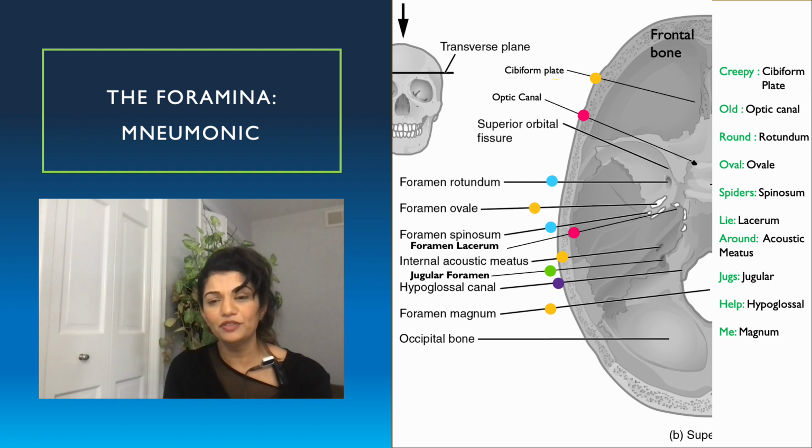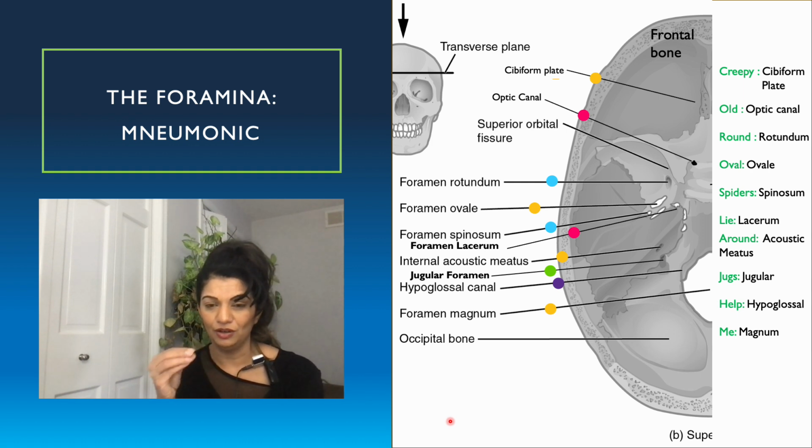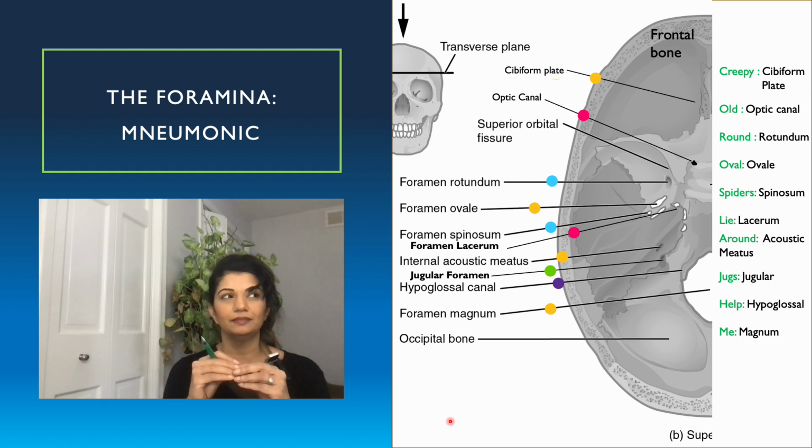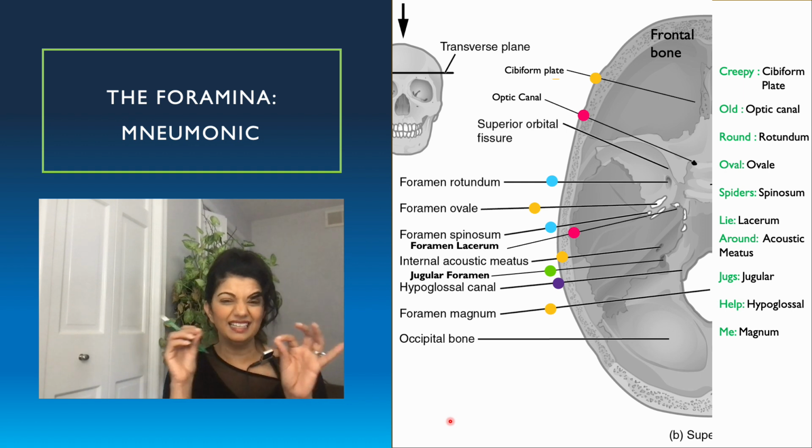Oh, although there is another one, which is the superior orbital fissure right here that you see, that is not part of the mnemonic, but this actually also houses a lot of things. Now, it's not quite a foramen because it's more like a slit, I guess.